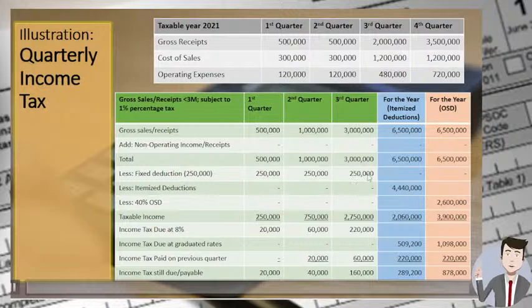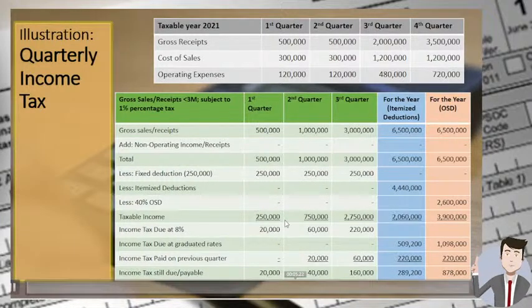So, the taxable income on your third quarter will be 2,750,000. So using 8%, it will arrive at the income tax of 220. Again, according sa aton, ma-double taxation ta since first and second quarter was already paid. Okay?